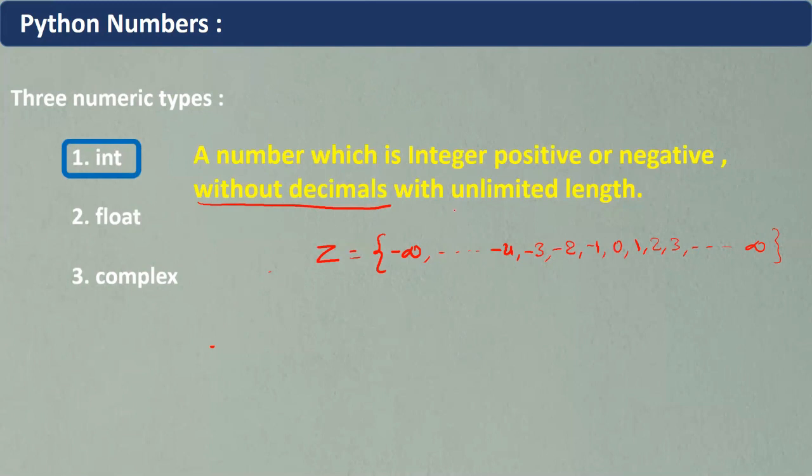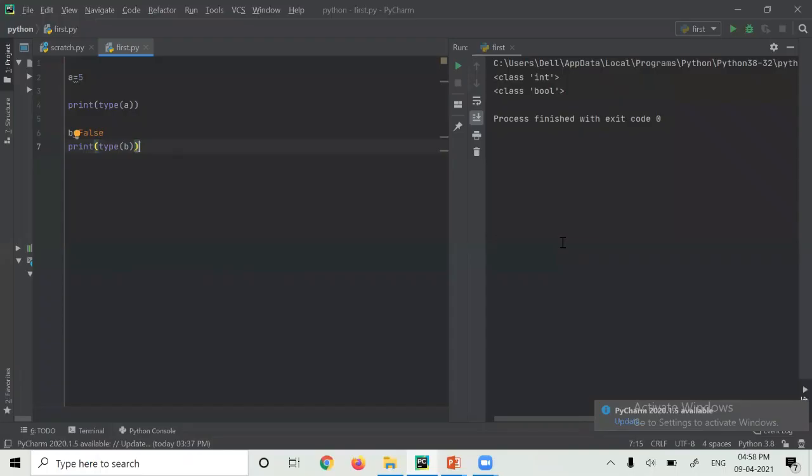And one more thing is unlimited length. This is the main feature of Python. You need not mention how long a number we are going to store, that means how many decimals, how many positions, how many digits there are in a single number. For example, we have a variable a equal to 5.